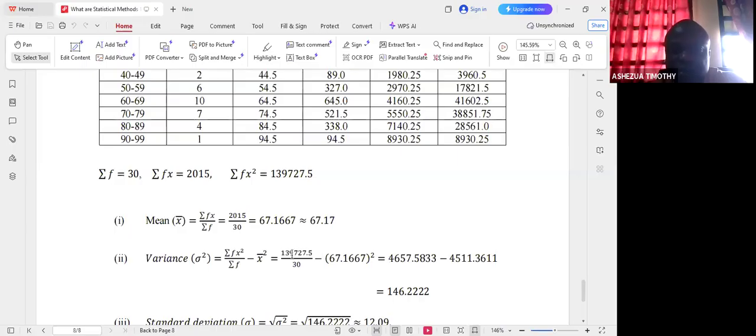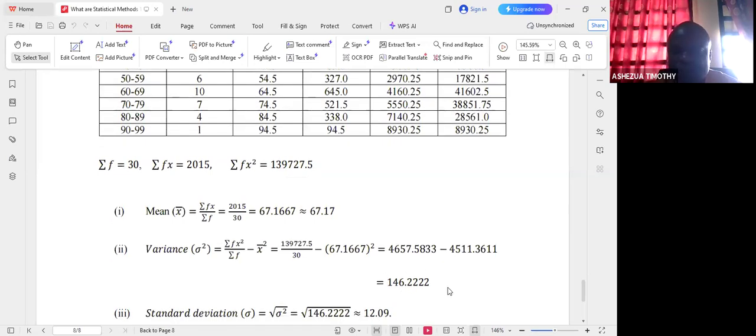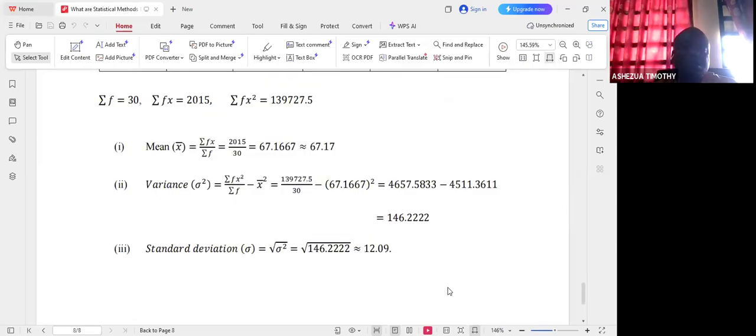When you do this simple arithmetic, this divided by 30 gives us this, and this squared gives us this. So when you perform this simple arithmetic, you have 146.22. That's the variance. And of course, without time wastage, the square root of variance will just give me my standard deviation.